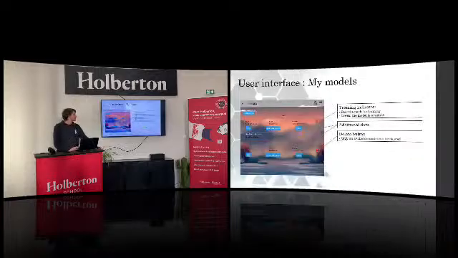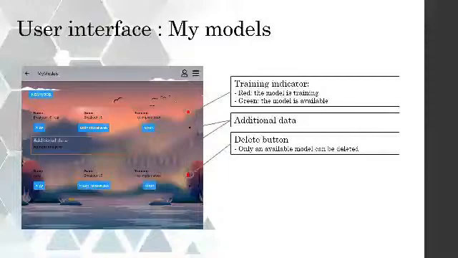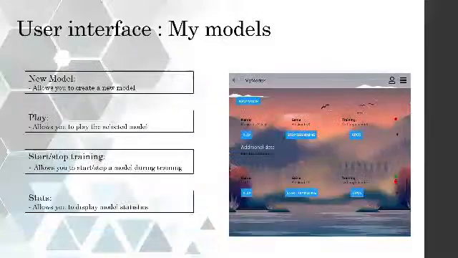So just quickly, user interfaces. We've got the main view, the view my model, where you can find every model for the user. So for example, we create a first model, and we have the training indicator that indicates if the model is running training or not. Some additional data to view details of my model and a delete button to remove the model.